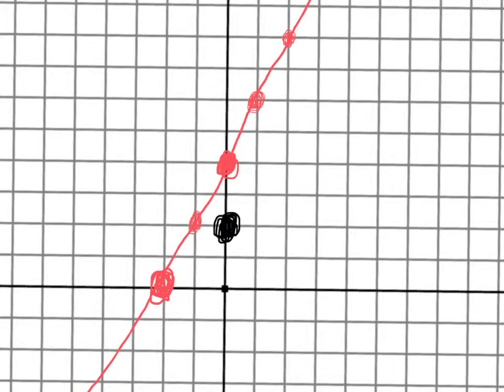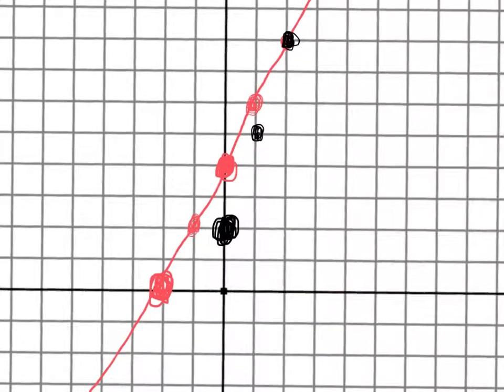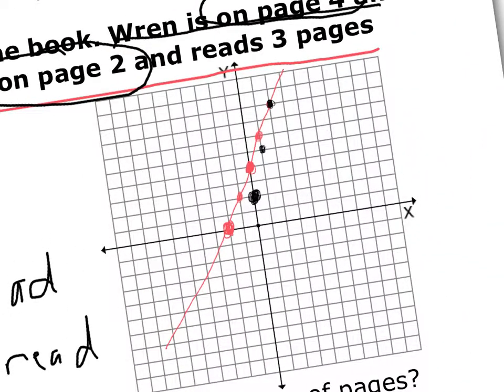So go up 1, 2, 3 over 1. Go up 1, 2, 3 over 1. Oh, there's our intersection. Okay, so let's go ahead and draw our line for Jenny. Okay, and there it is.